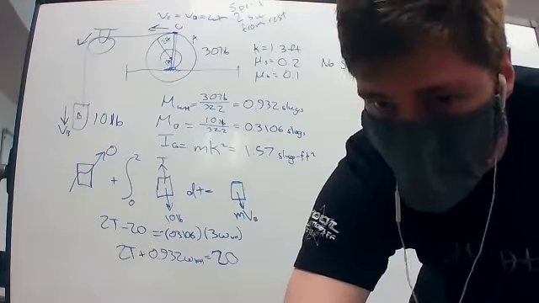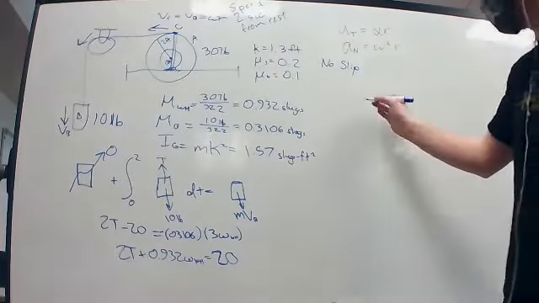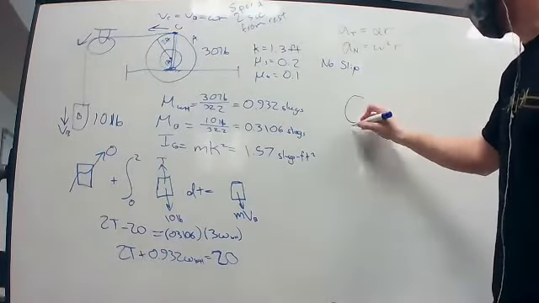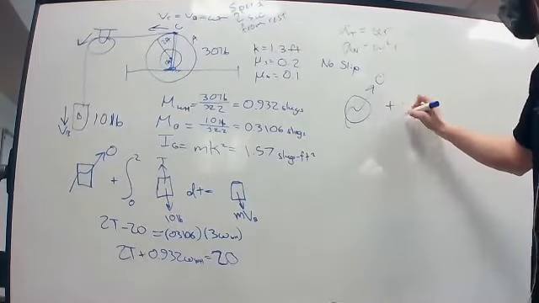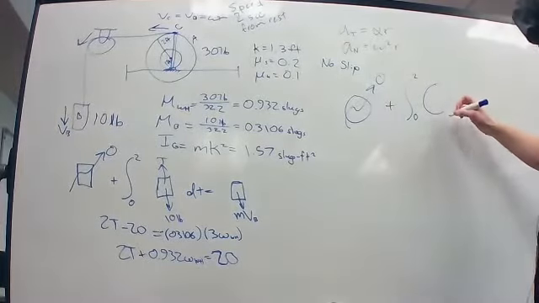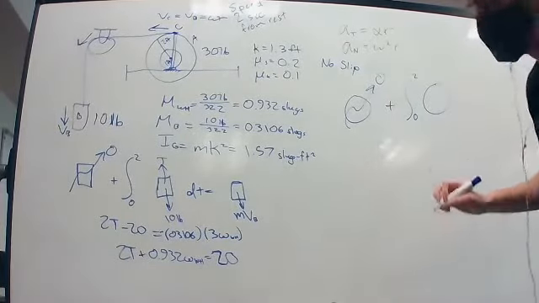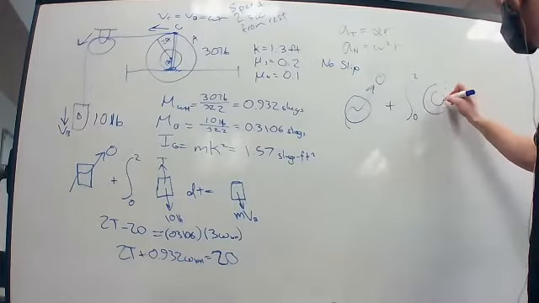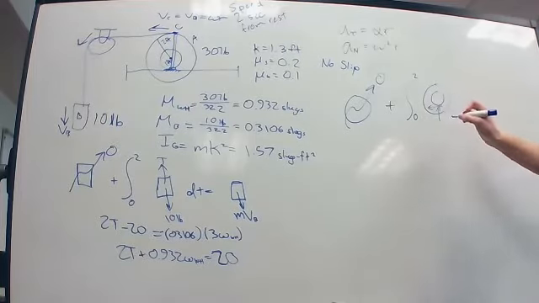Okay. We can then move on to our wheel, where once again, the wheel initially is going to be 0 because it's at rest. So that's going to be plus from 0 to 2. The wheel, where we have a normal, I'm going to draw the inside portion of the wheel too. We're going to have a normal force, a friction force.